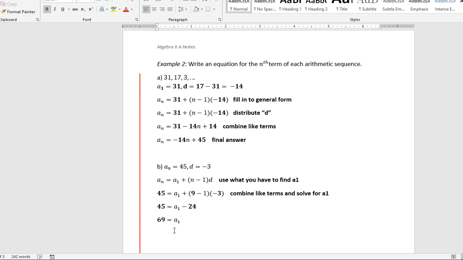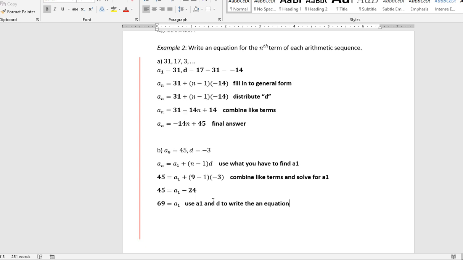Okay, so we found a sub 1, we know d, use a sub 1 and d to write the a sub n equation. Okay, so we know a sub 1 and we know d is negative 3, and so we're going to do this step again. So a sub 1 in our new problem is 69. We solved for that. D is negative 3.